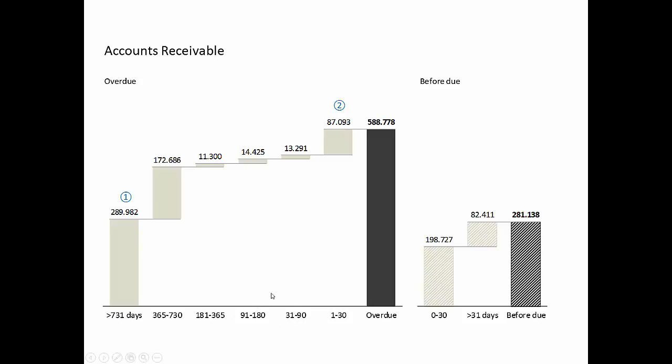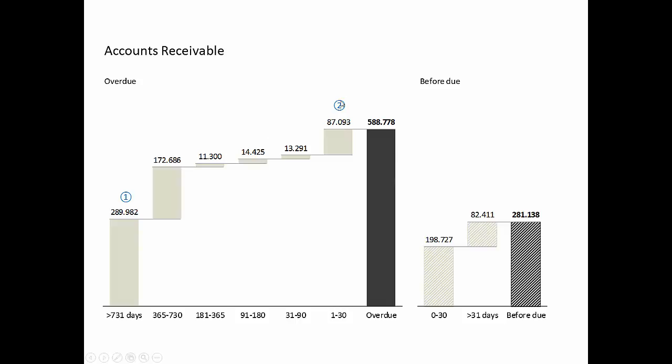So we have some intervals here, and what we see is that we have some very old receivables here, of very high value, which is not a very good situation, but it's presented in a very graphical way, so I like to use waterfall charts to display accounts receivable.